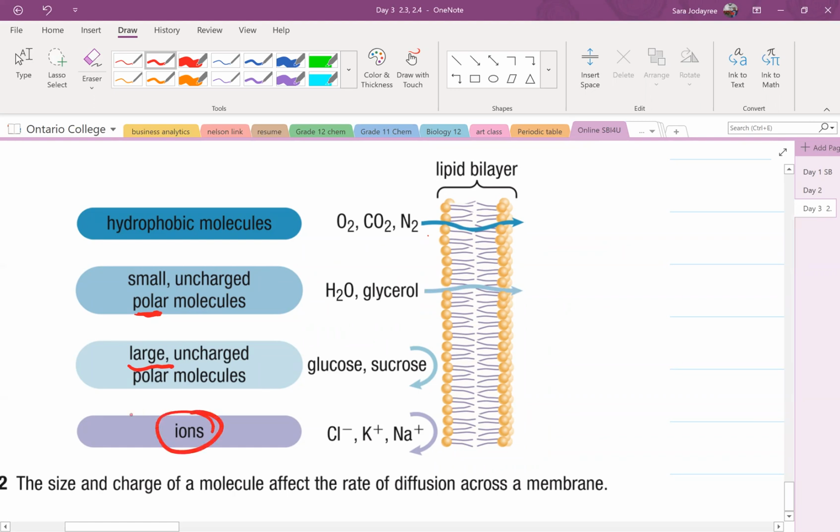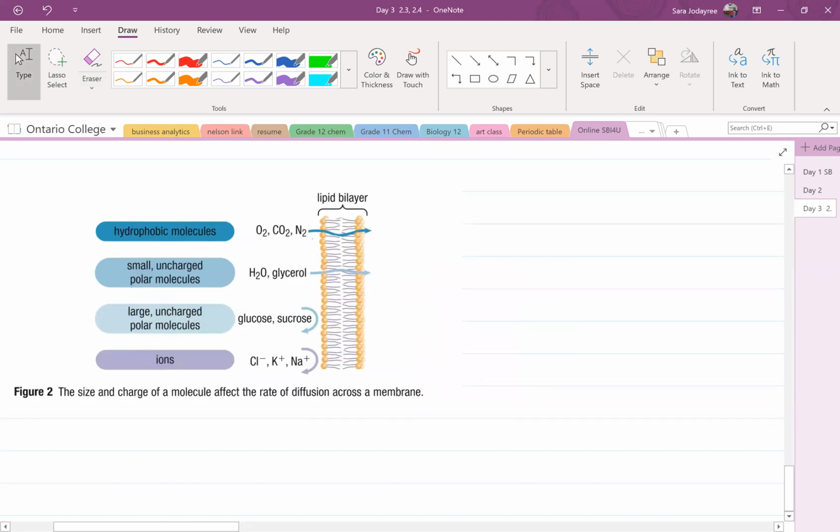You notice they are not able to move across the membrane. Compared to the rate of transport of water, the movement of these small ions is about 1/1000th of the speed. Okay, so that is about simple diffusion.